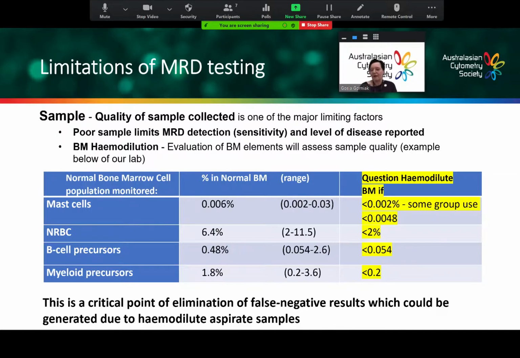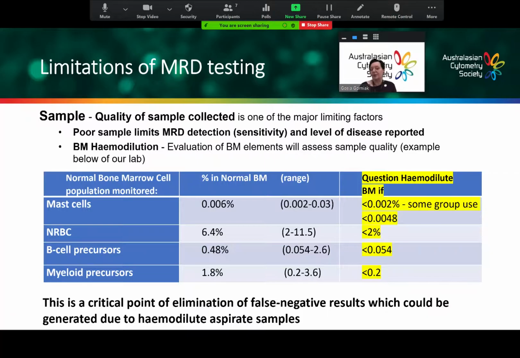The other limiting factor related to sample is that very often we get low cellularity samples, and the common technique to increase the cellularity of the sample is bulk lysing, and that in itself creates limitations, because one has to use a lysing reagent which is validated, that preserves cells and requires minimal washing.